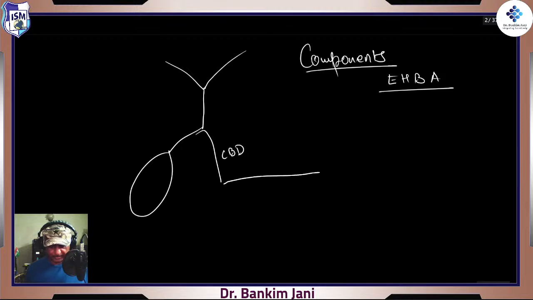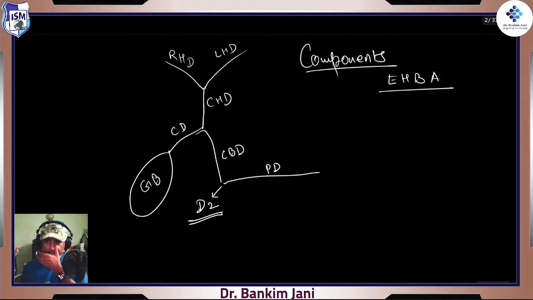That's where the pancreatic duct would meet, right? And they will open into D2, correct? So all these are the extrahepatic biliary apparatus: right hepatic duct, left hepatic duct, common hepatic duct, cystic duct, common bile duct, and the gallbladder. This is what we'll be talking about.